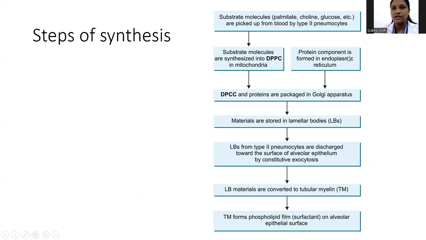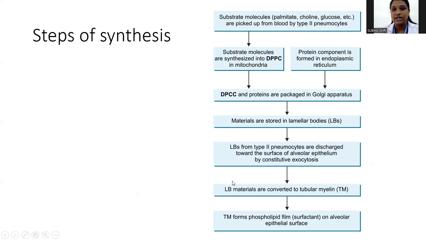So what will happen? The DPPC from the mitochondria and the protein components from the endoplasmic reticulum are together packed in the Golgi apparatus. In the Golgi apparatus, these are packed and stored as lamellar bodies. Whenever needed, these lamellar bodies are secreted to the alveolar surface by the process of exocytosis.